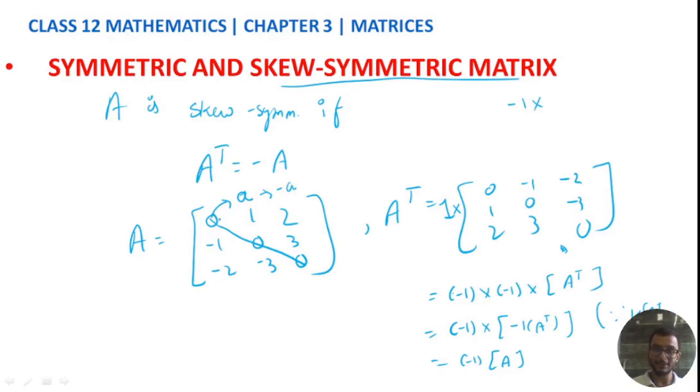Because this diagonal element will stay the same when you take the transpose. You will get A only here, right? But you want A transpose to be minus A. So you want A to be equal to minus A, which implies that A should be 0. That is what I am trying to say: if any matrix is skew symmetric, then its diagonal element will always be 0.